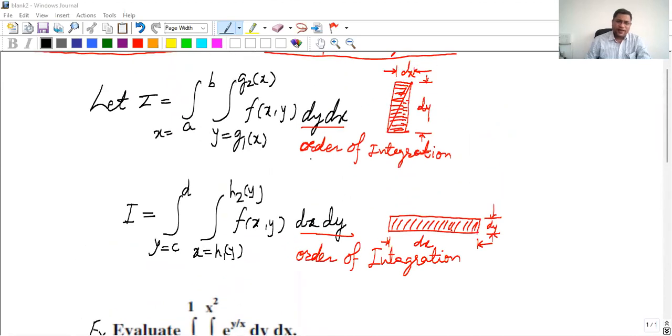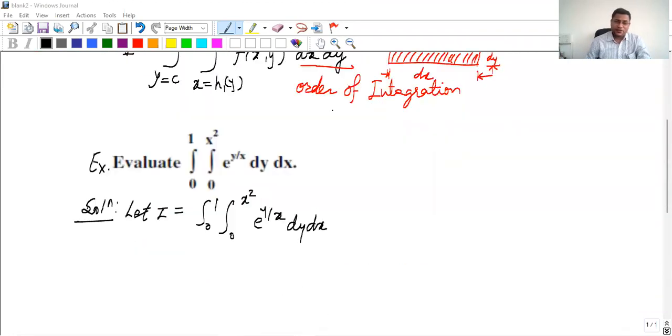We have to understand whether it is a function of x or a function of y. It is a function of x, so what will be the order? dy dx. So here x is in the limit, so the order is dy dx.